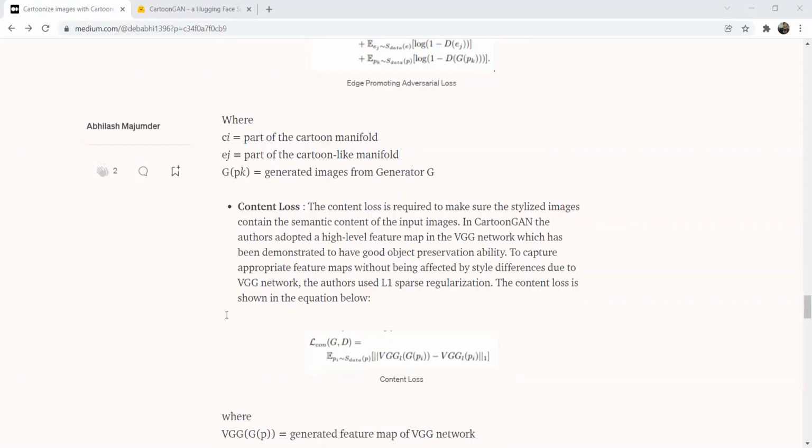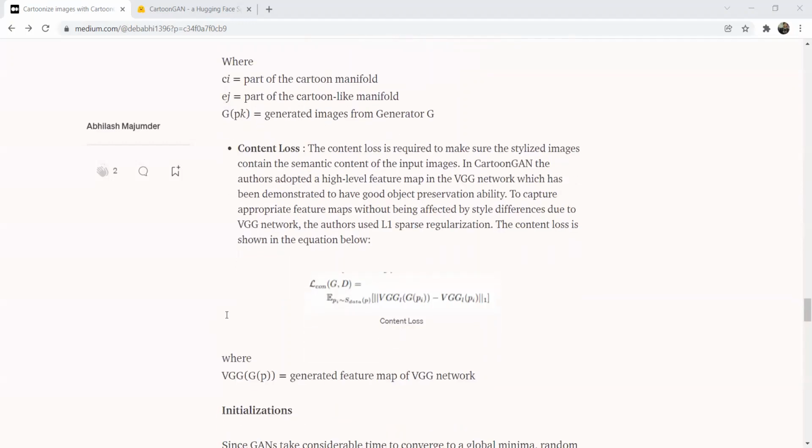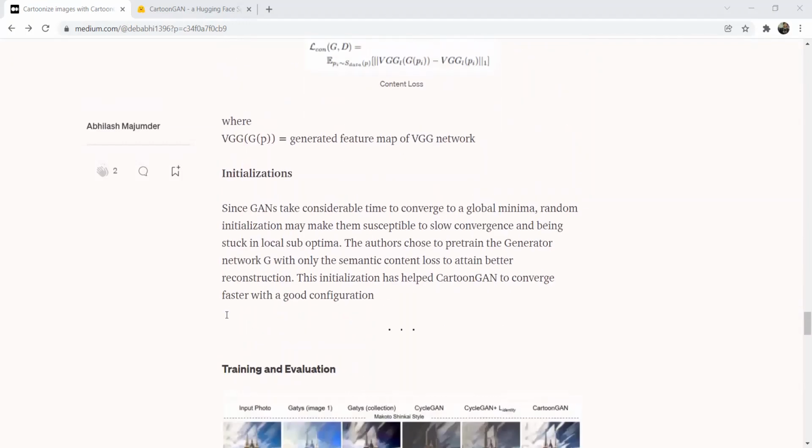Because whenever we are cartoonizing a particular image, we need to preserve its semantic contents. That is done with the help of content loss. That means appropriate parts of the image should remain preserved in this kind of GAN transformation. Now, initializations.